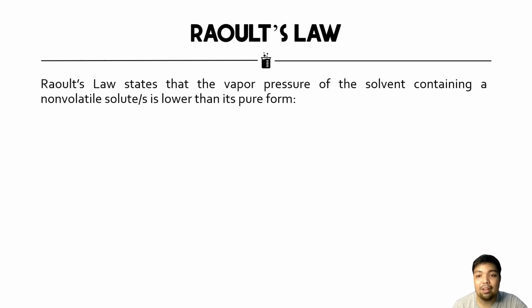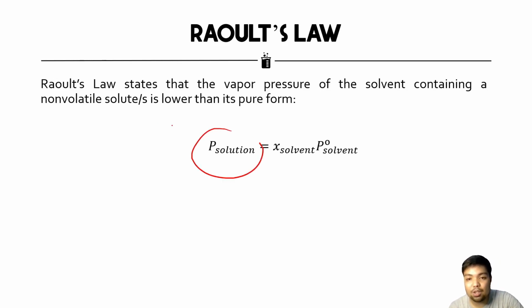So what happens here is actually the solute in the solution lowers the vapor pressure of the solvent. Okay, so that means that the vapor pressure of the solution will be lower than the vapor pressure of the pure solvent.